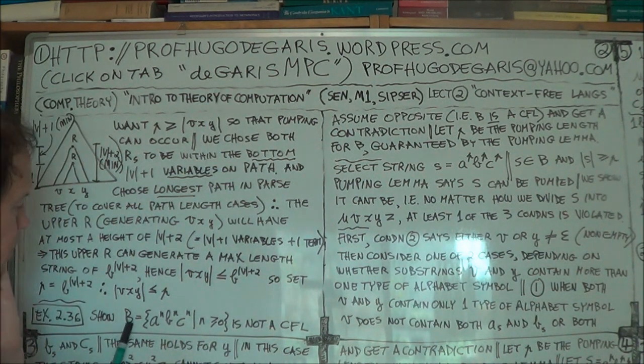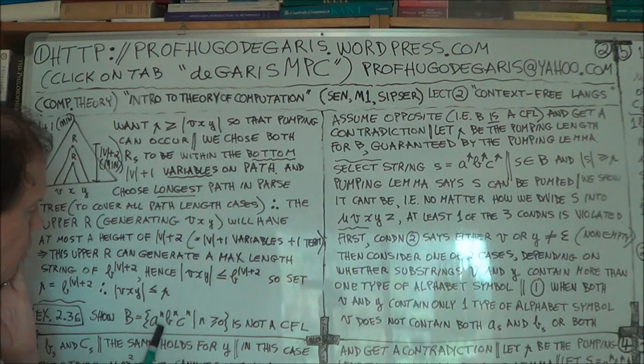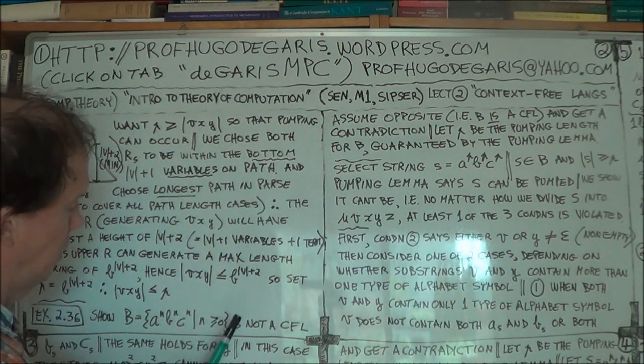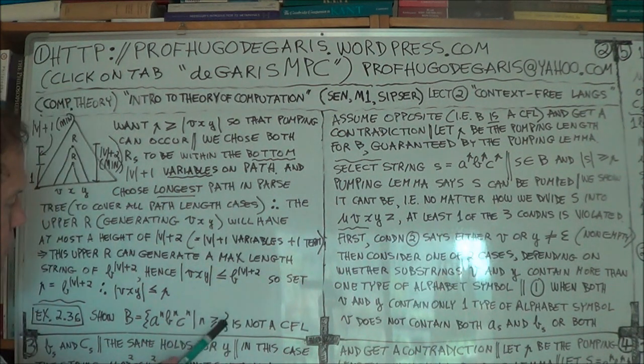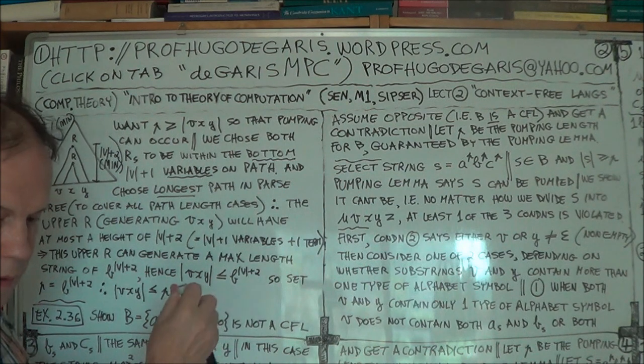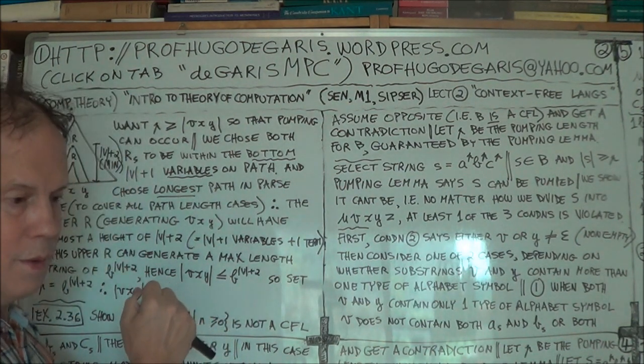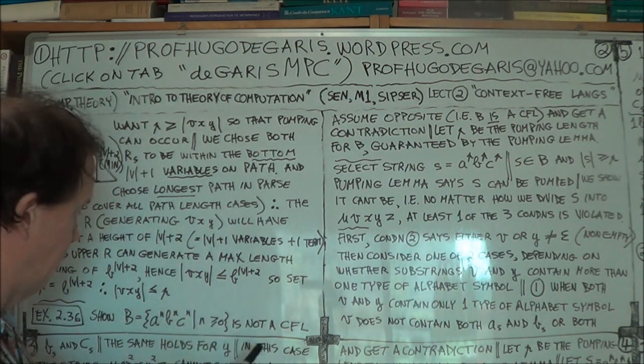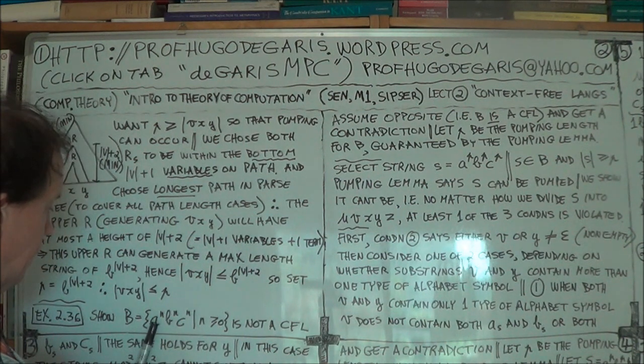So here's your language. Call it B. Its strings are of the form a to the n, b to the n, c to the n, where n is a non-negative integer, so greater or equal to 0. And the alphabet, the set of terminals, capital sigma if you like, is just a, b and c.